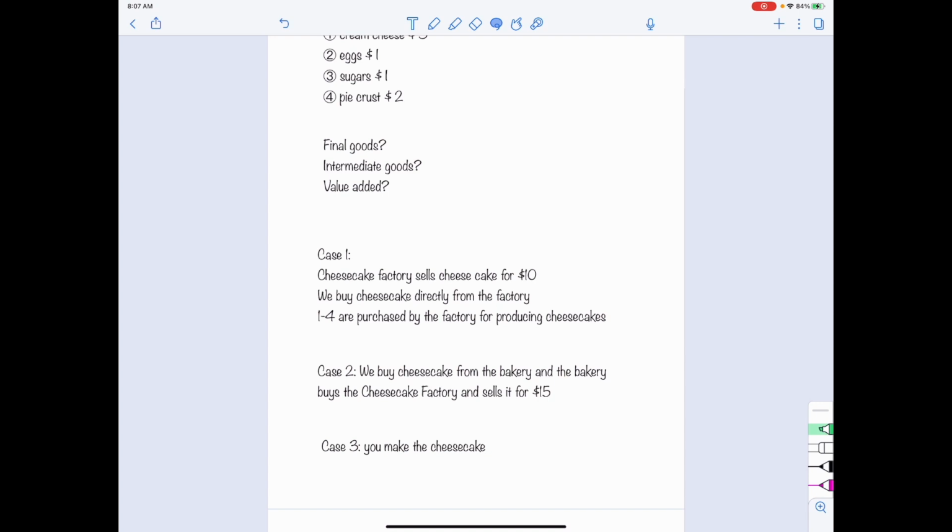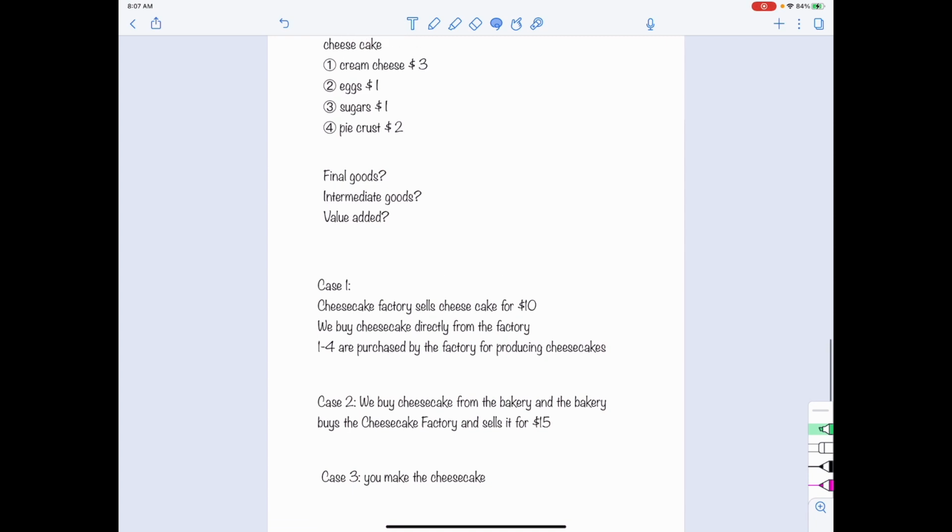And then, what will be the value added under this case? Well, given that we go to the market to buy those ingredients, the value added of the cream cheese maker will be $3. The value added of the egg producer is $1 under this case, assuming that they can produce it from nothing, with no other purchases from the other firms.